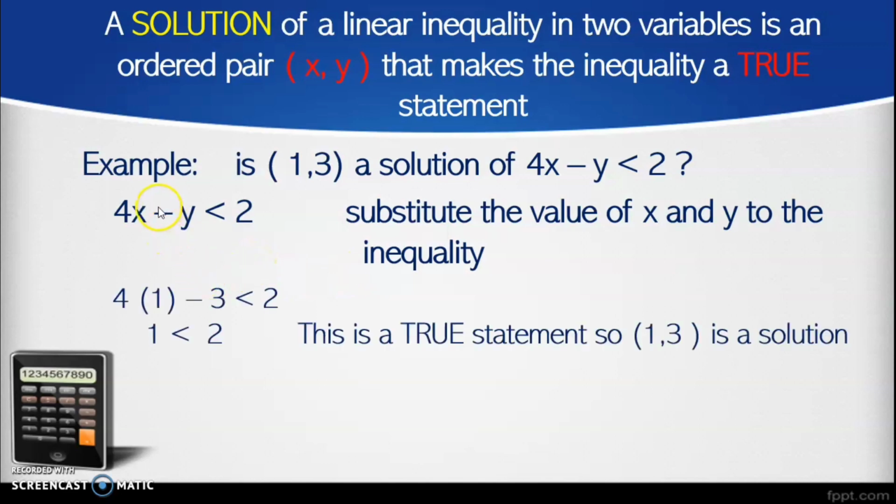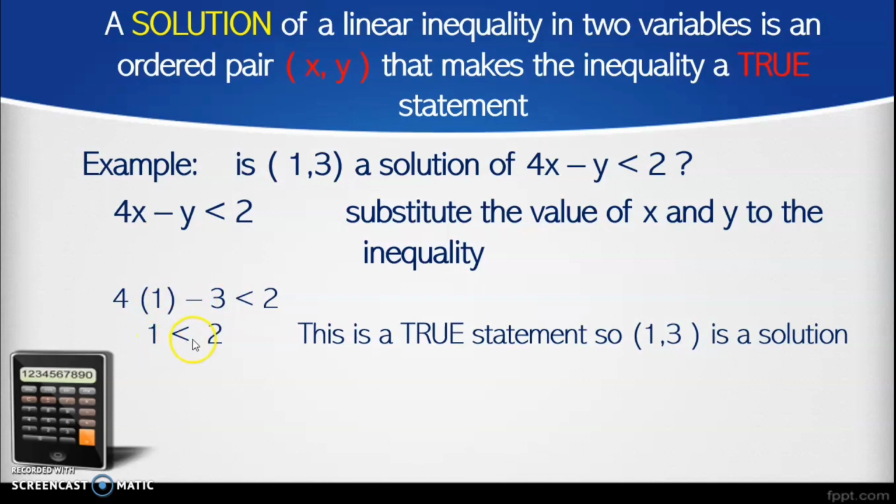So 4 times the value of x, which is 1, minus y, which is 3, less than 2. 4 times 1 is equal to 4, minus 3 is equal to 1.